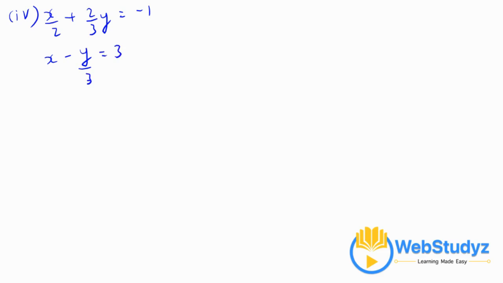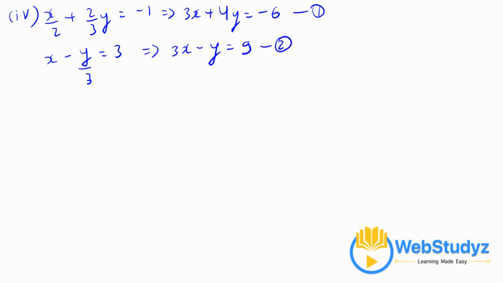So we can write the first equation as 3x plus 4y equals minus 6. So this is our first equation, and we can write the second equation as 3x minus y equals 9. This is our second equation.